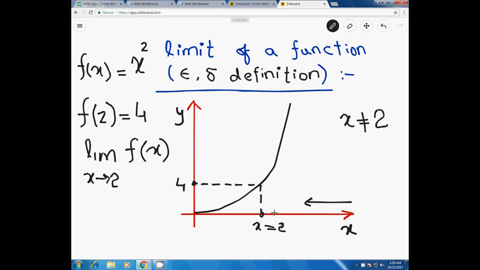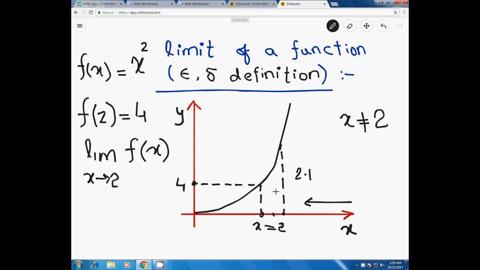Let us come at this point, and let this be 2.1.